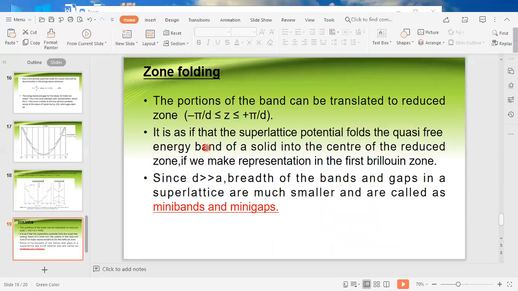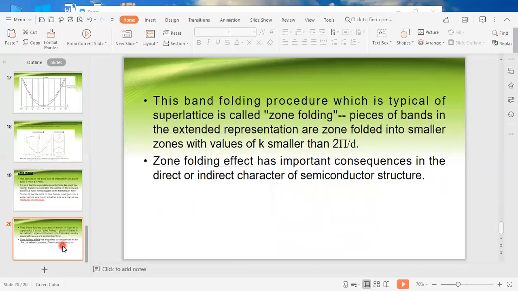That is, it is as if the superlattice potential folds the quasi-free energy band of a solid into the center of the reduced zone if we make representations in the first Brillouin zone. That is the concept. The zone folding can be typically seen in a superlattice, and it has important consequences in the direct and indirect characteristics of a semiconductor structure.